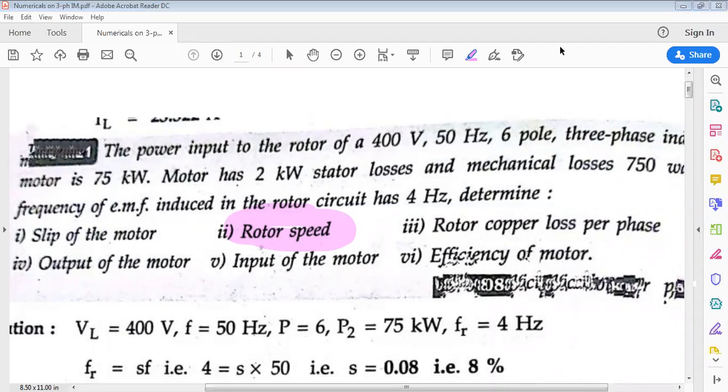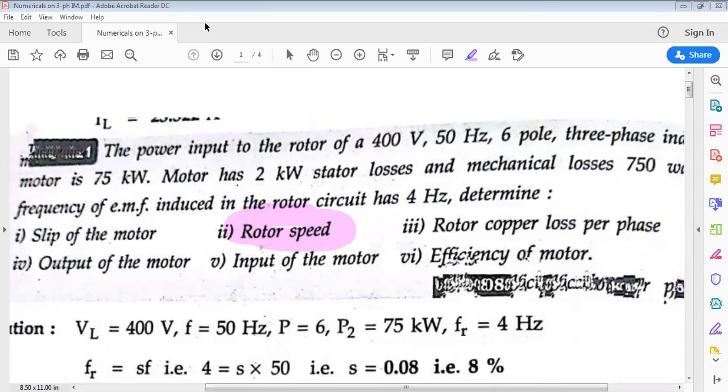Read the numerical and solve for NS. Everyone calculate NS and post your answer. And once you get NS, calculate N, the rotor speed.